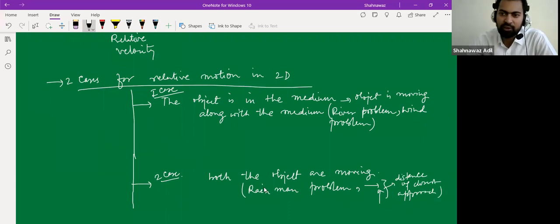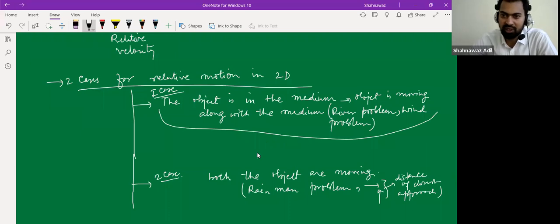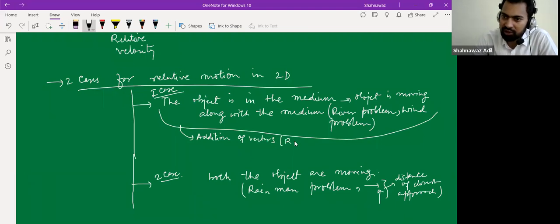Always remember, this is sometimes very confusing, but you have to remember only one thing: for the first case, you apply the addition of vectors, or the resultant vectors.